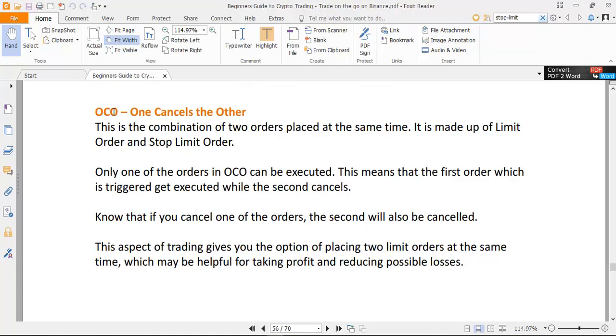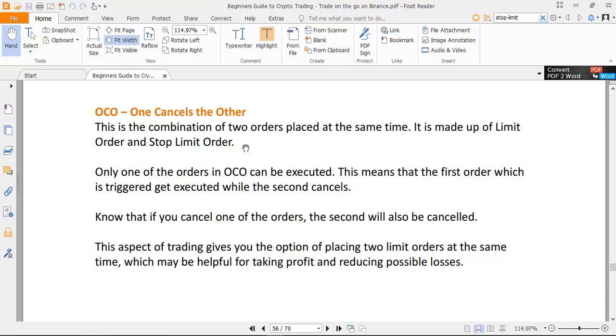This is OCO, one cancels the other. This is the combination of two orders placed at the same time. It is made up of limit order and stop limit order. So we have two order type combination, the limit order and then the stop limit order.